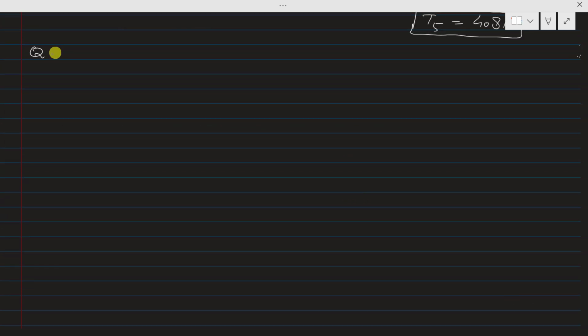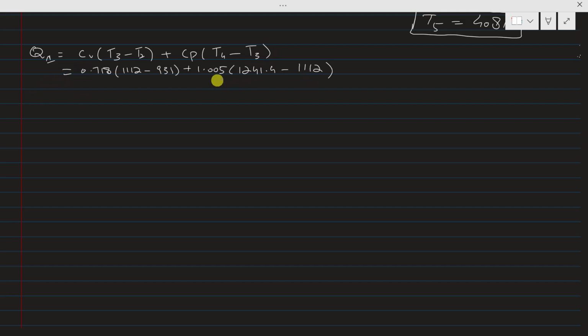Now the heat supplied is equal to Cv into T3 minus T2 plus Cp into T4 minus T3. Putting the corresponding values of the temperatures, you will get the heat supplied equation just like this.